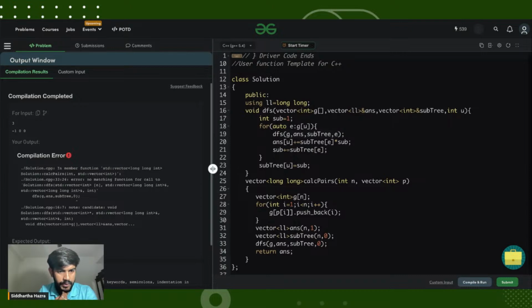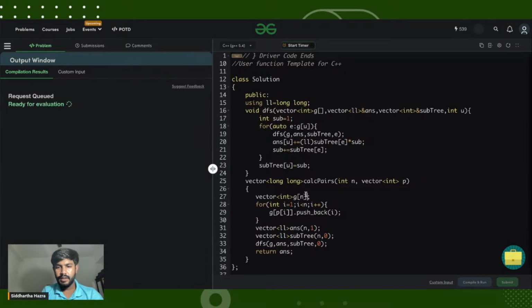Again, error of no matching function call. DFS of G answer subtree. This is expecting an integer. Okay, so I think I need to just do something like LL and this should work.